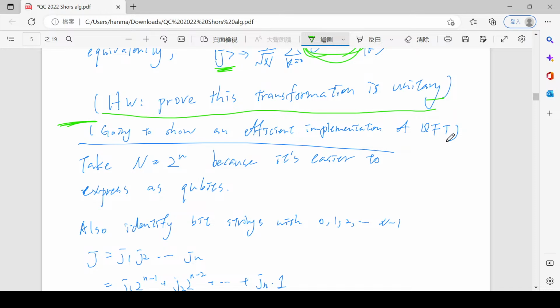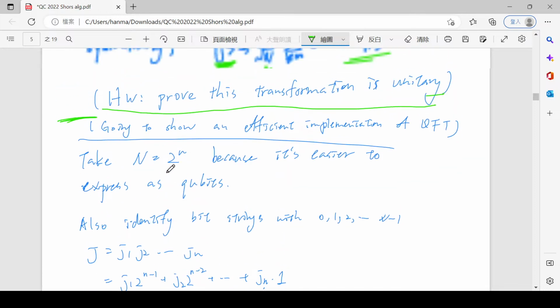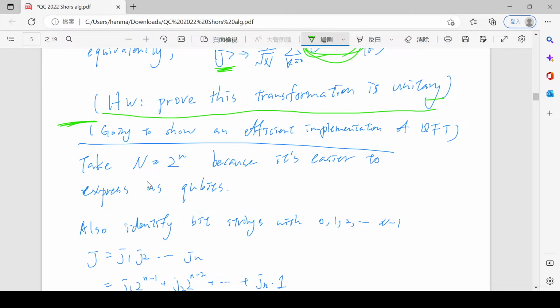This presentation is easier if we take big N as a power of 2, so it's 2 to the small n.